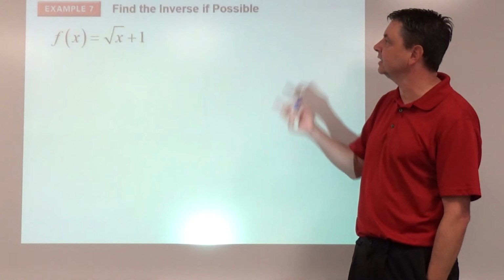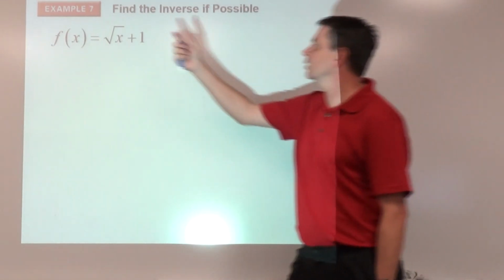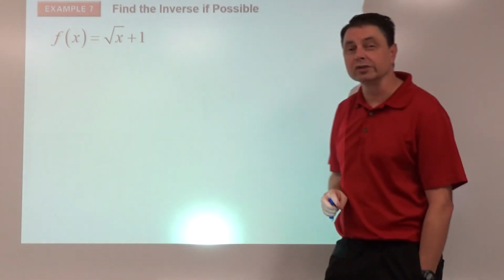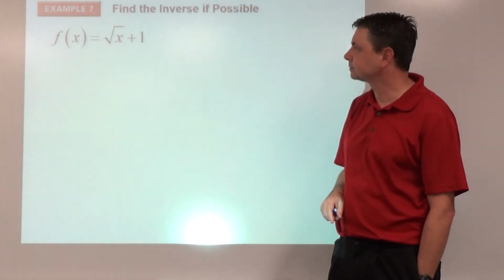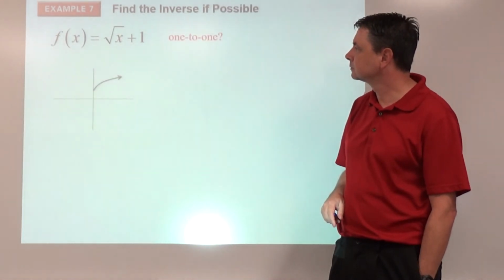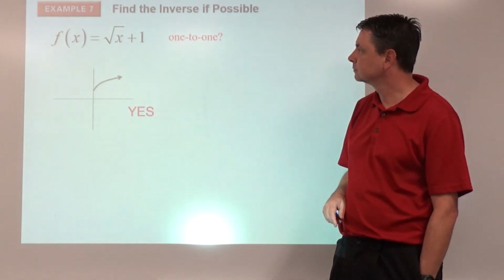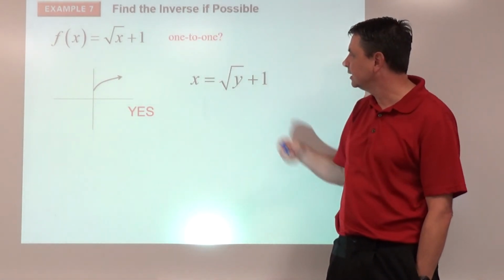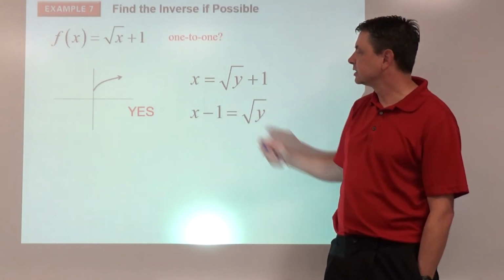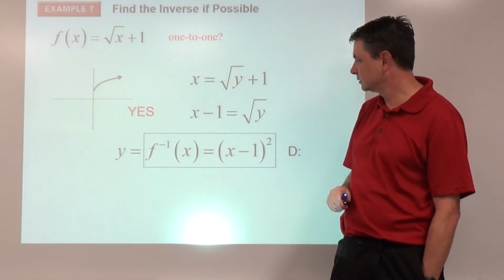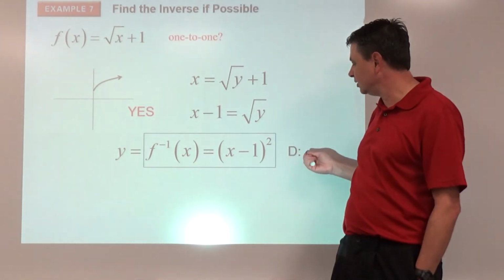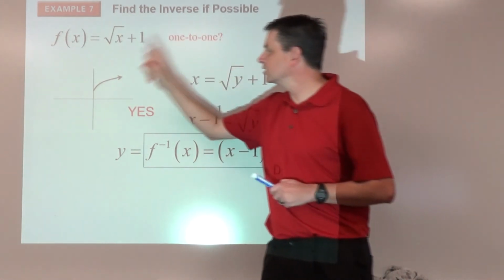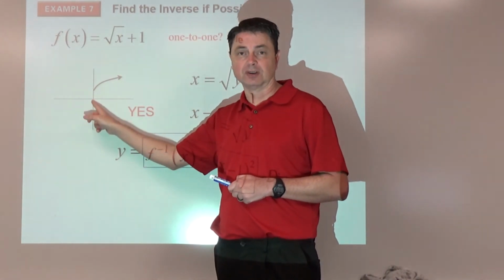More example 7. Find the inverse if possible. So again, we've got a square root shifted up 1. So it does pass the horizontal line test. It is 1 to 1. So if we put y equals and switch the x and the y, subtract 1 both sides, square both sides, that, but again, we're going to have to talk about the domain and restrict that because what's the range here for the original function?